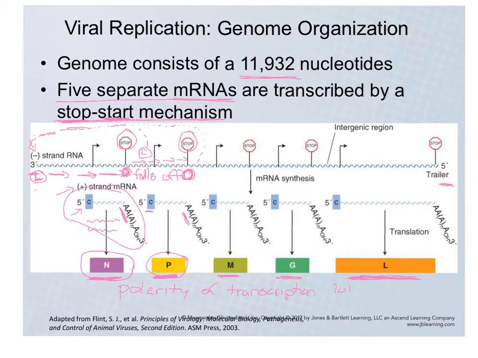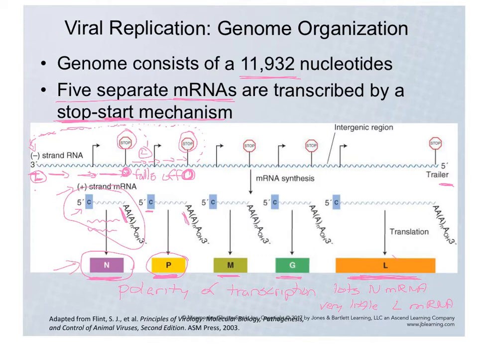We make lots of the N messenger RNA and very little of the L messenger RNA. But that's okay, because it turns out that this N protein, we need a lot of it, and it's very important.